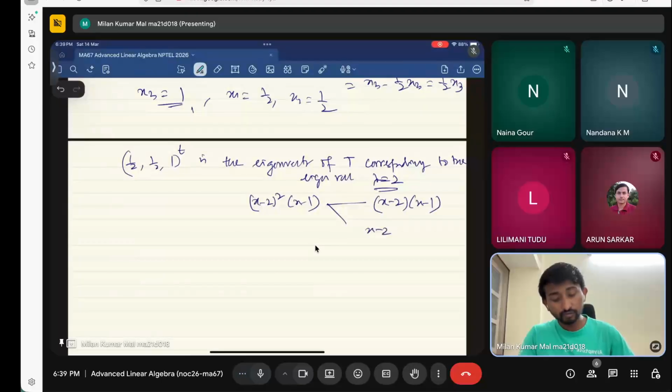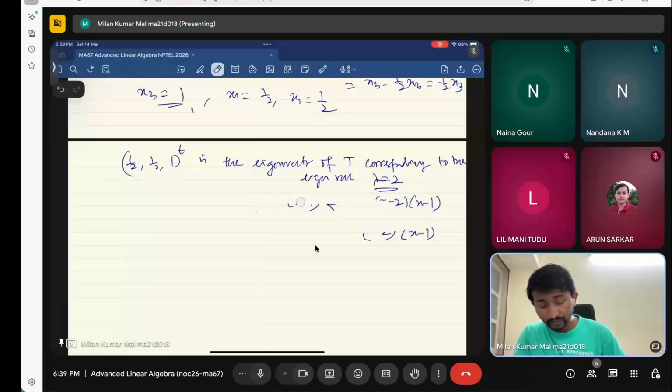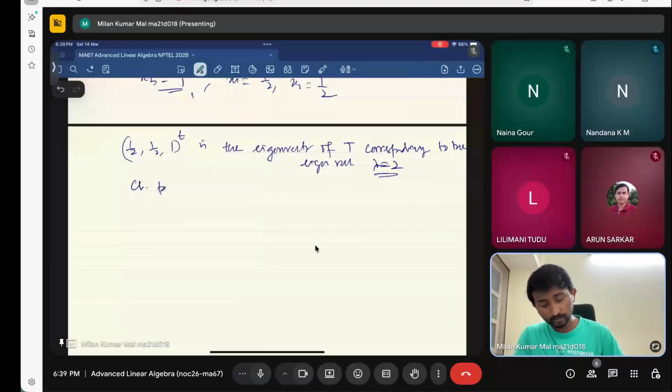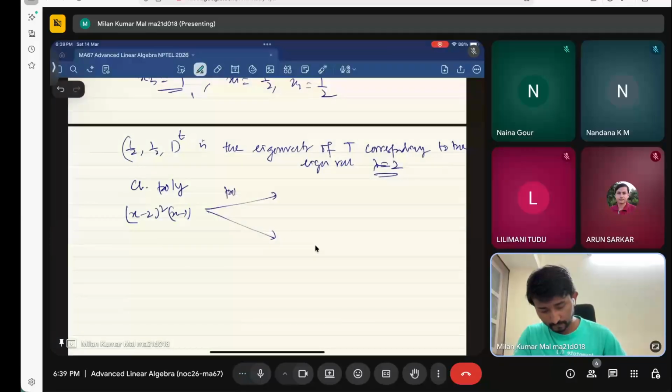So let me write it a little more carefully. The characteristic polynomial is (x minus 2) square, (x minus 1). So these are the possible choices of minimal polynomial.